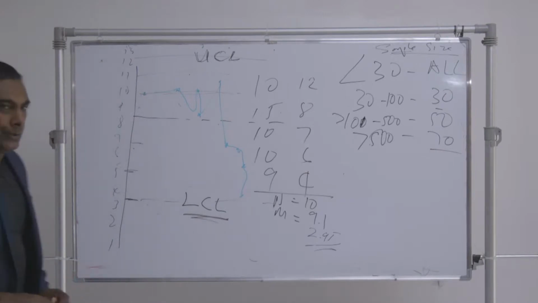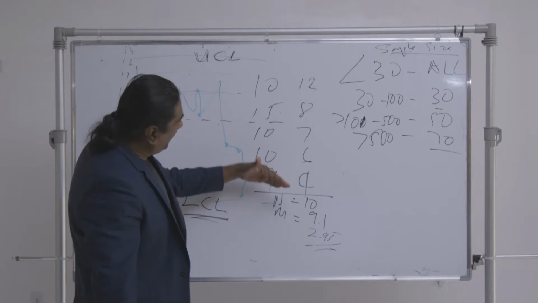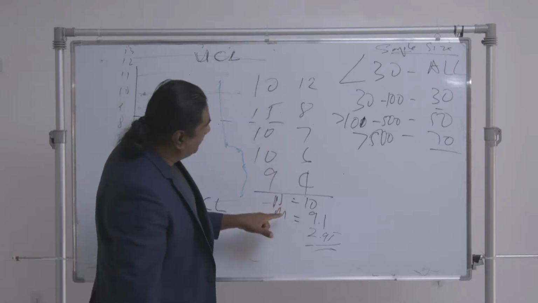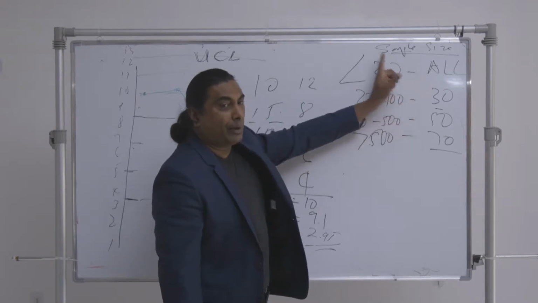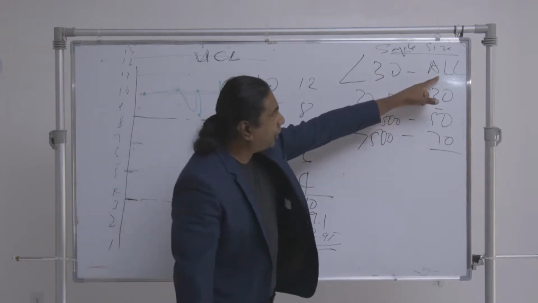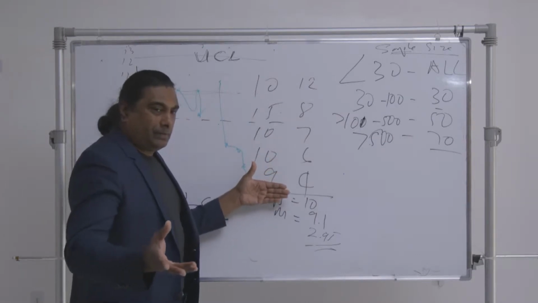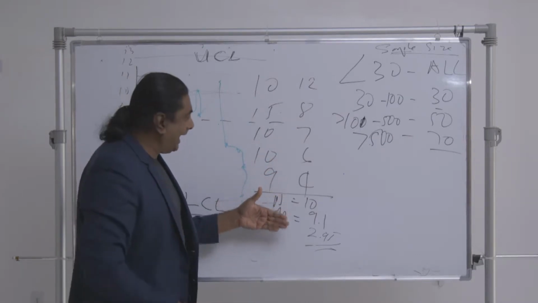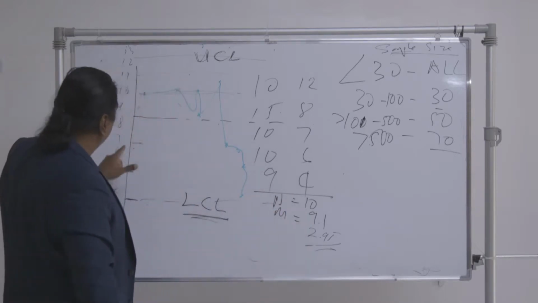So this is 10 patients. We measured their waiting times. We took all 10 because our population was less than 30. We calculated using the software program and got a mean of 9.1 and standard deviation of 2.95. We created this control chart.